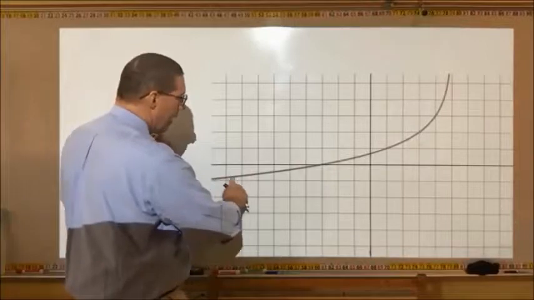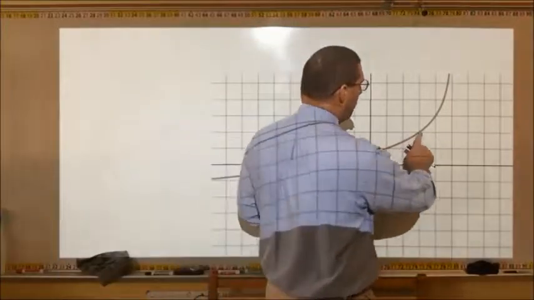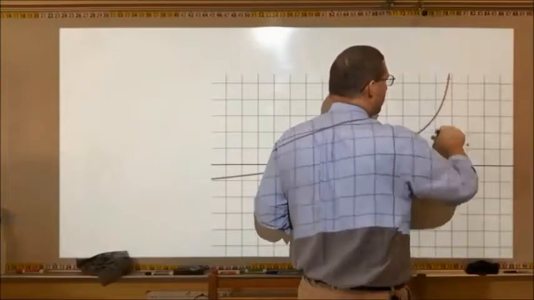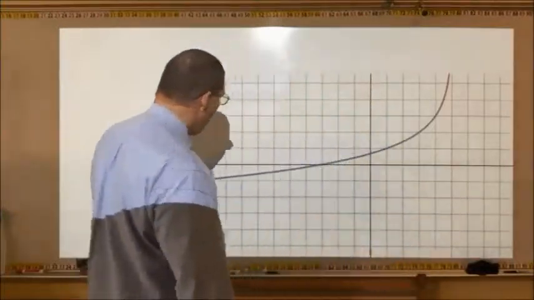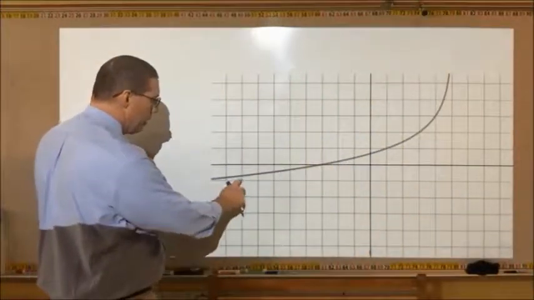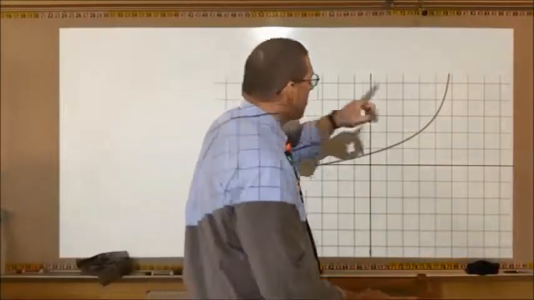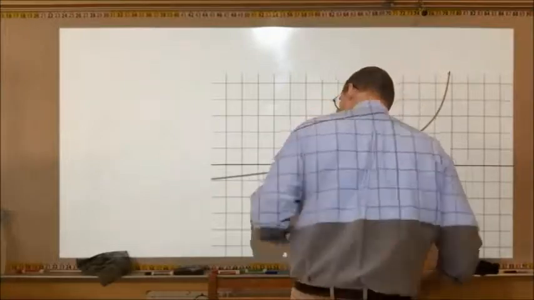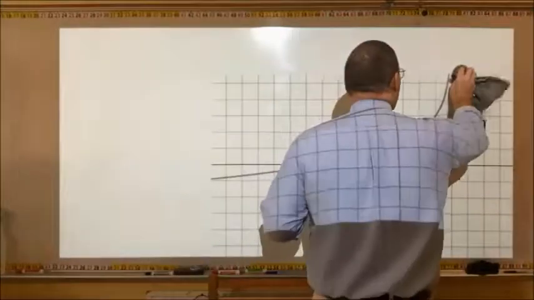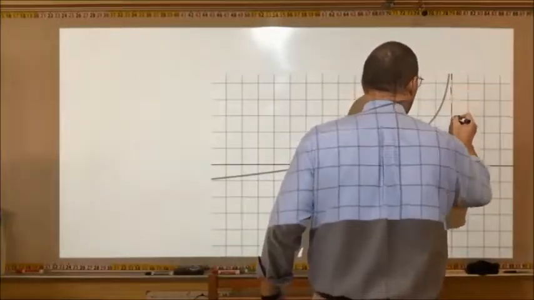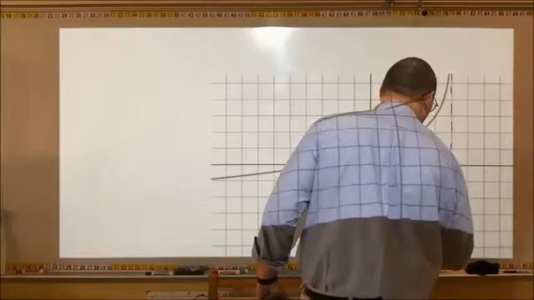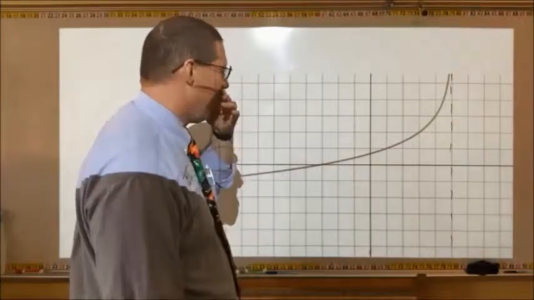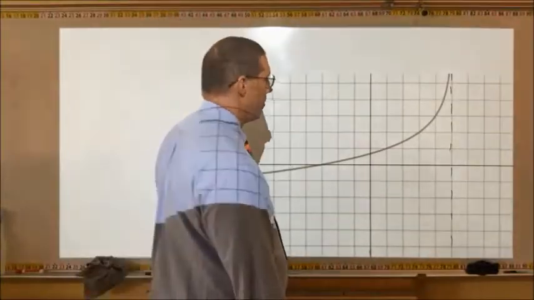That indicates to me that this is probably a logarithm, because look what happens here. See this steepness here? It looks like it's about to go vertical. I wouldn't know where to put the horizontal asymptote. If I put it here, I don't know for sure. But right at the end here, it's so steep that it seems pretty apparent to me that this one has a vertical asymptote here. I know it's a judgment call, but you have to do the best that you can when you have these graphs. So I'm going to put the vertical asymptote there.